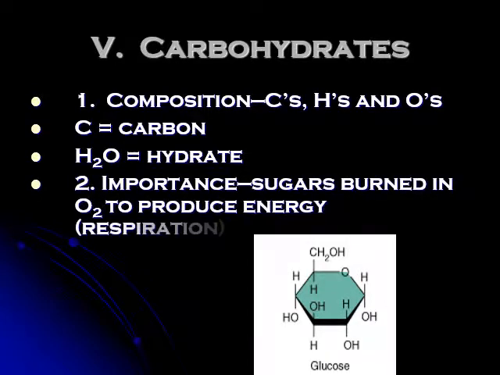So the importance of carbohydrates is that these are our sugars, and they're burned in oxygen to produce energy. You might remember this from biology. This is called respiration. In this hexagon chain, there are these bonds. These bonds each contain energy within their carbon-carbon structure.